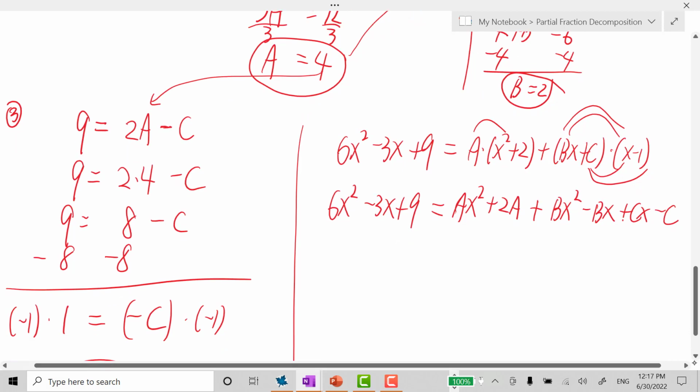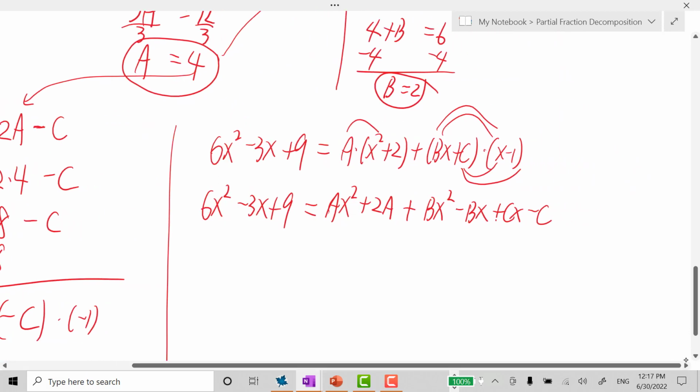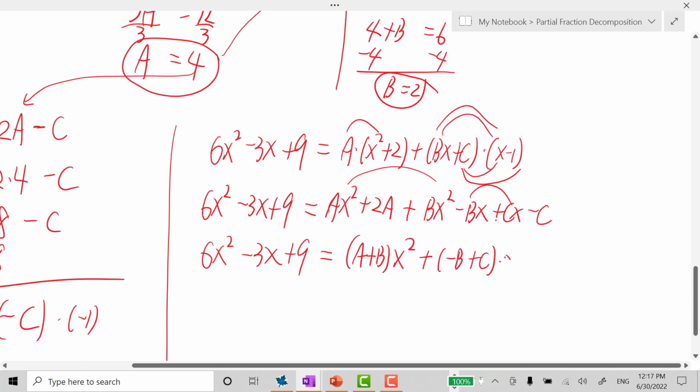Now we're going to separate into 3 different terms: 6x squared minus 3x plus 9 on the left. The square term comes from ax squared and bx squared, and we factor out the x squared, so we get a plus b times x squared. The linear term comes from these two; if we factor out x, it becomes minus b plus c times x.